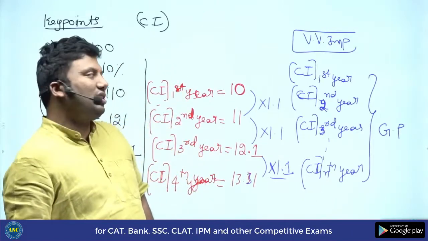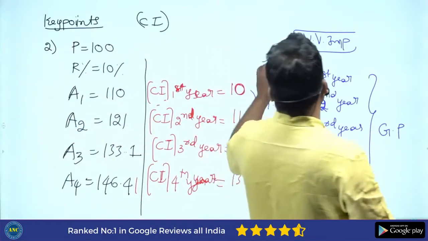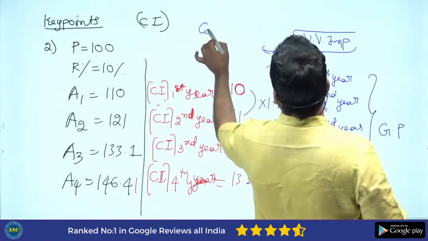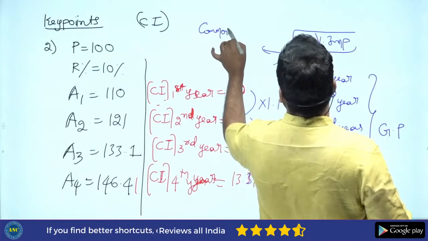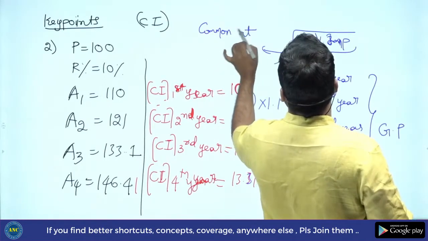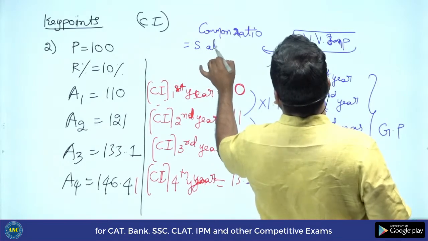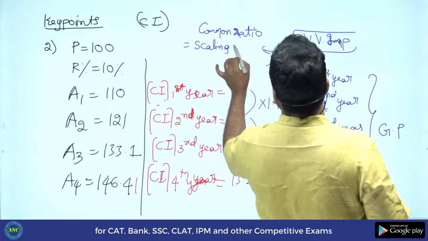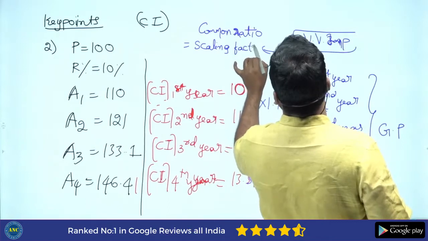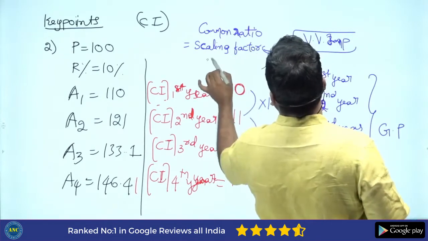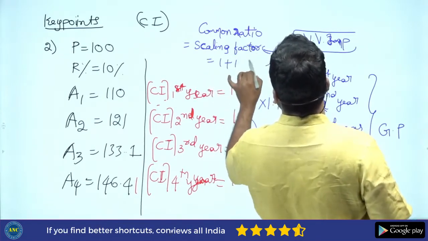It is 1 plus 10 percent. So the common ratio is given by the scaling factor. What is the scaling factor? It is 1 plus R percent.